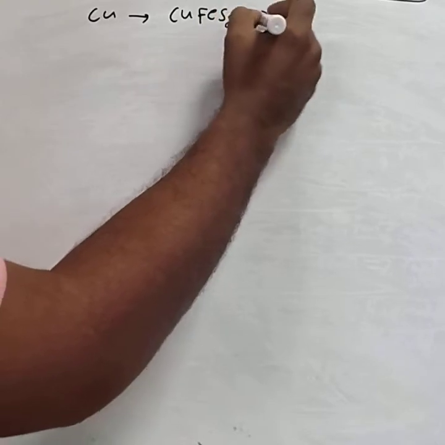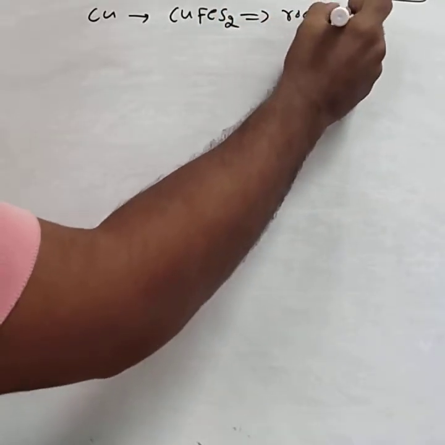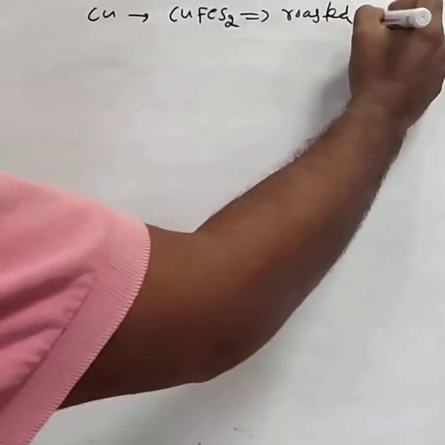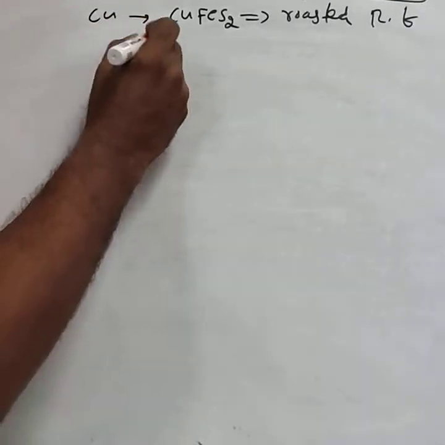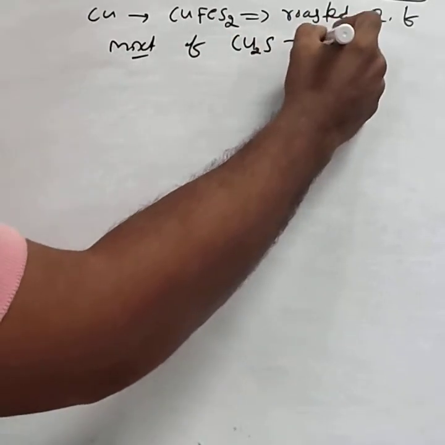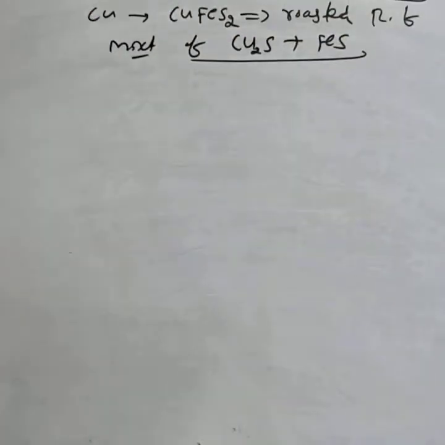This copper pyrite is roasted in a reverberatory furnace. A mixture of Cu2S and FeS is formed.